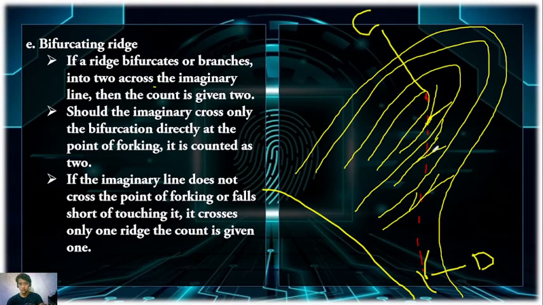So hindi sila mae-count as 1. So katulad na lang ng illustration na ito. Both branches na cross ng imaginary line natin.